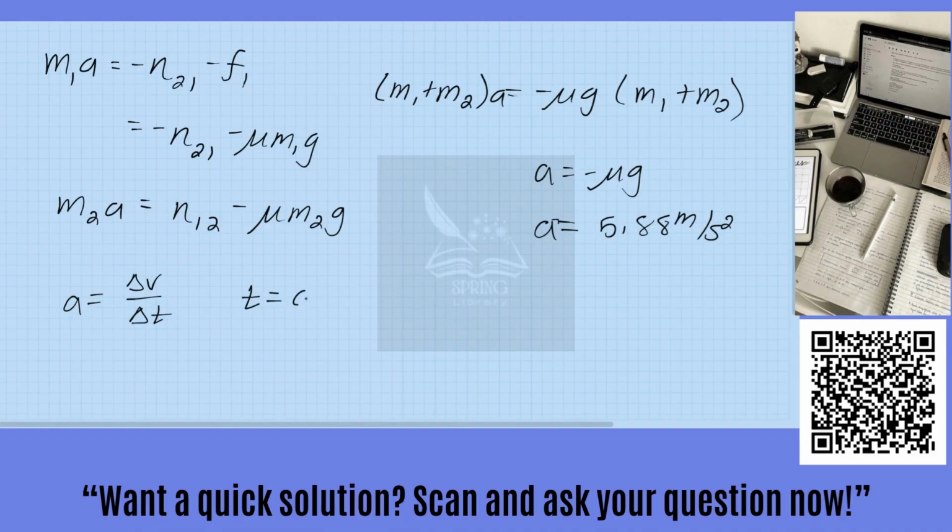So the time is equal to V over A. Sorry about that. We said the velocity was 10. We know the acceleration is 5.88. So we get a time of 1.7 seconds.